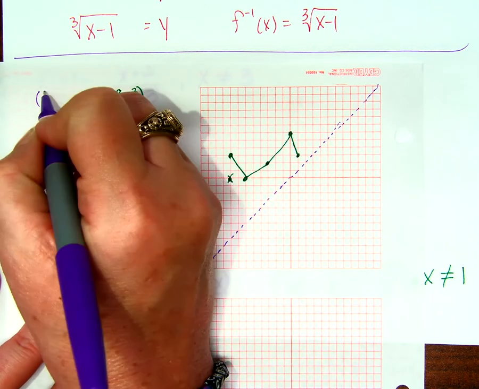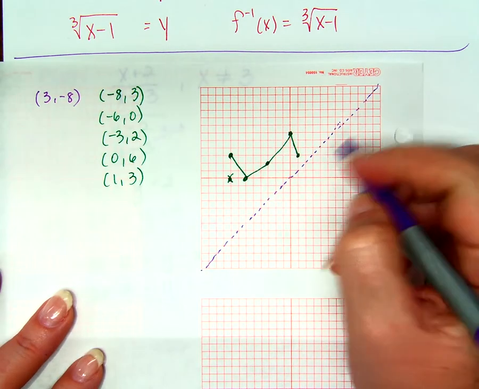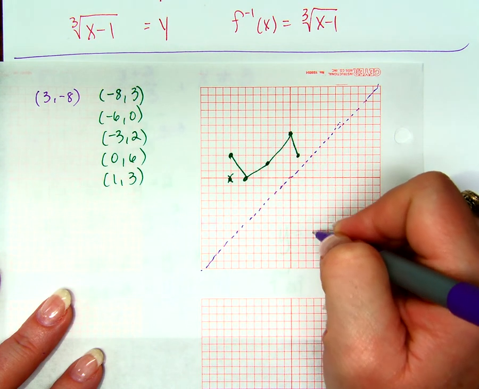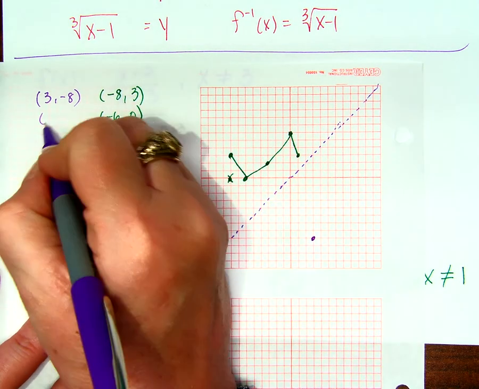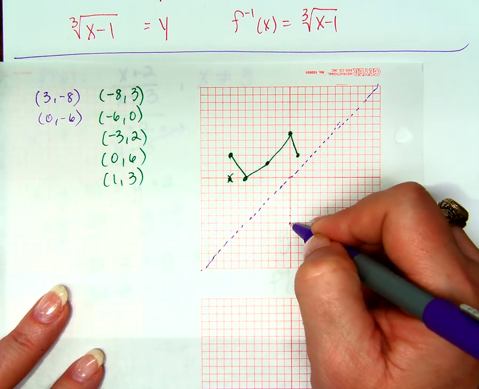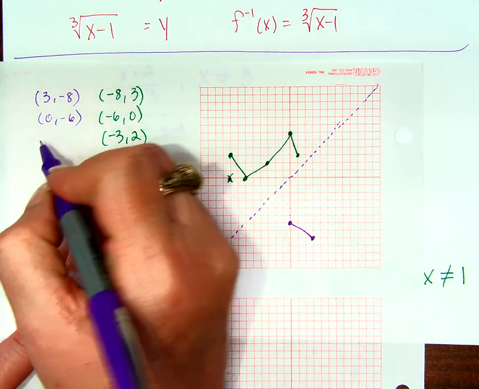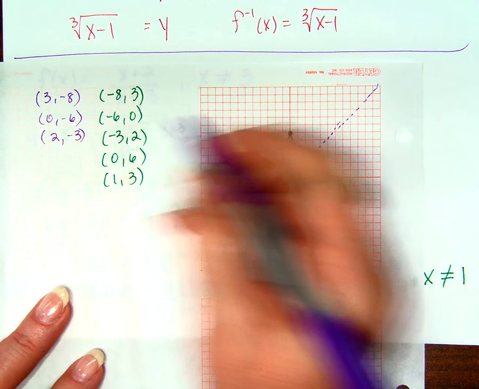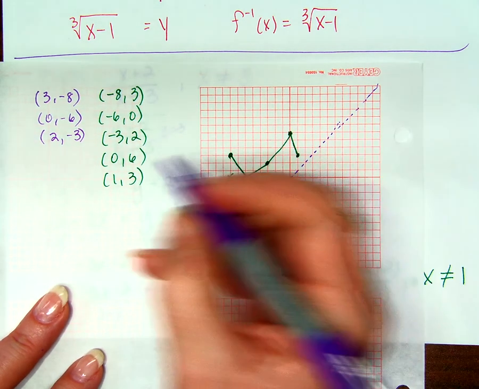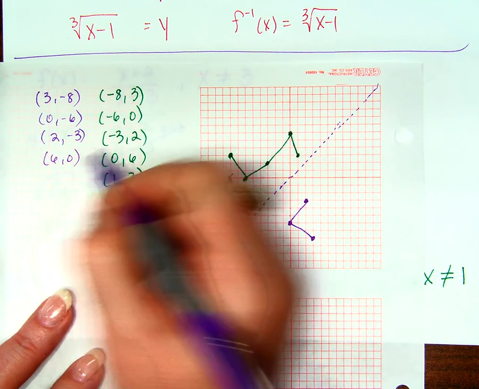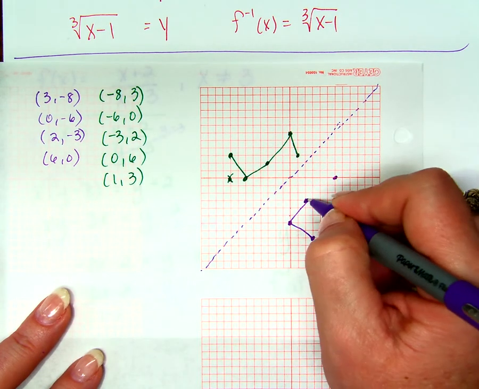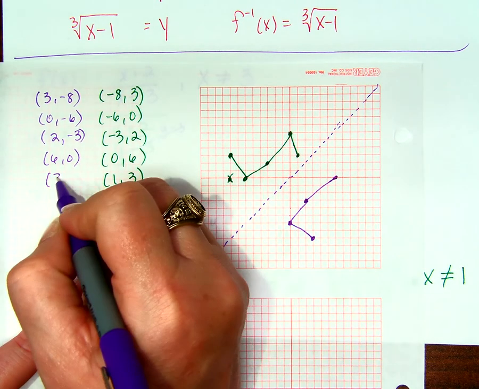So I could literally say 3, negative 8; 0, negative 6; 2, negative 3; 6, 0; and 3, 1.